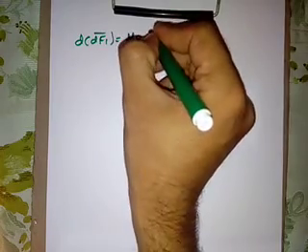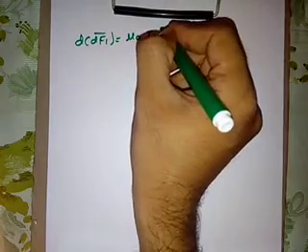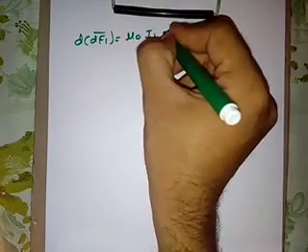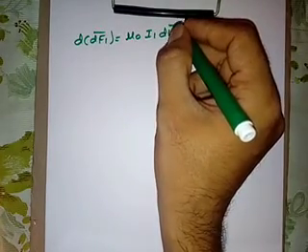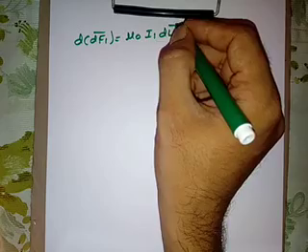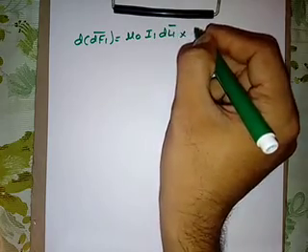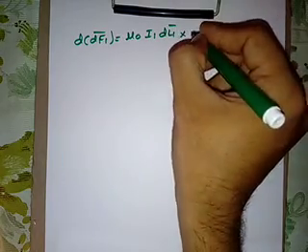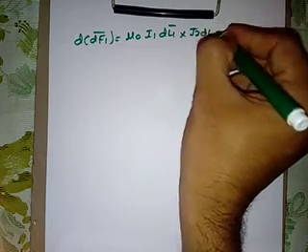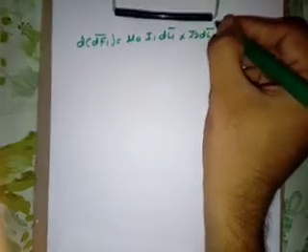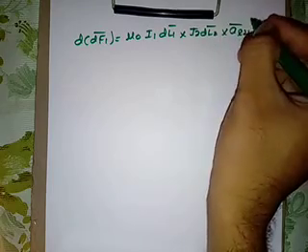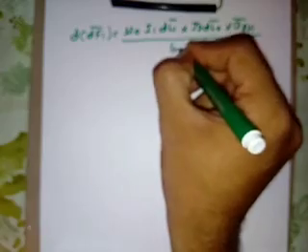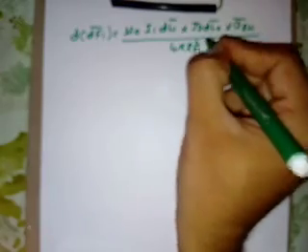I1 dl1 bar is already there in equation 1, multiplied by I2 dl2 bar into aR21 bar, divided by 4 pi R21 square.